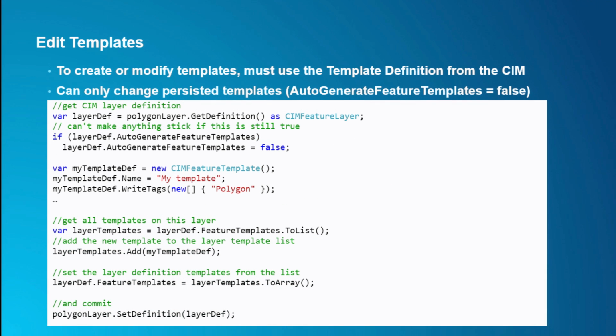You can also create your own feature templates or modify existing feature templates. There's two things we need to be aware of. Right now, when you're doing template operations, we're going to be using the CIM, which is the cartographic information model. And that is really just an internal representation of an object stored as a bunch of XML.